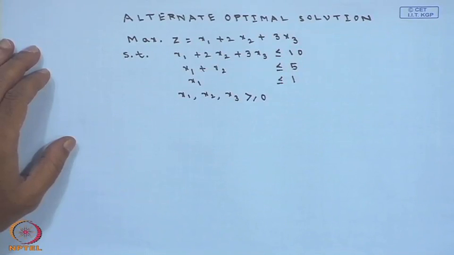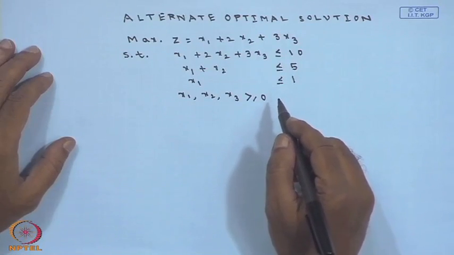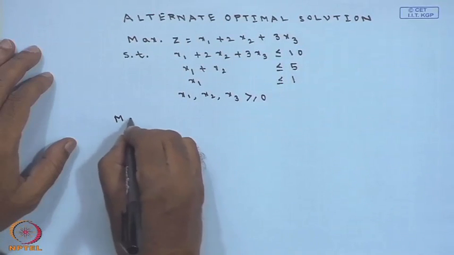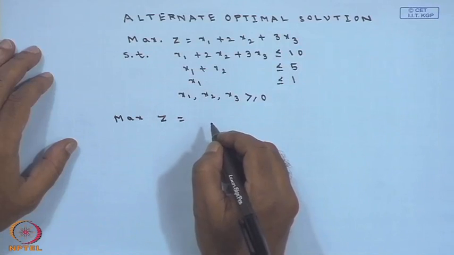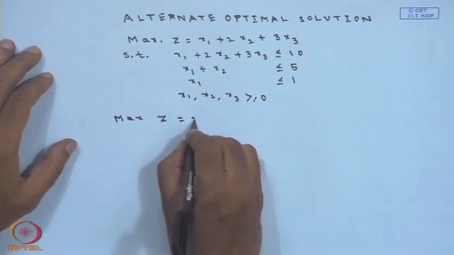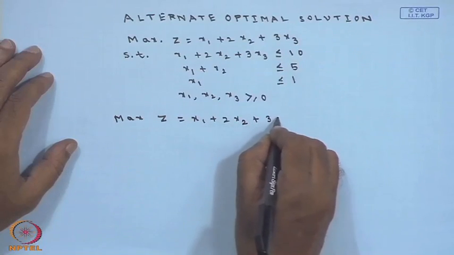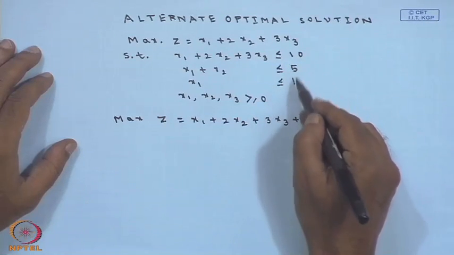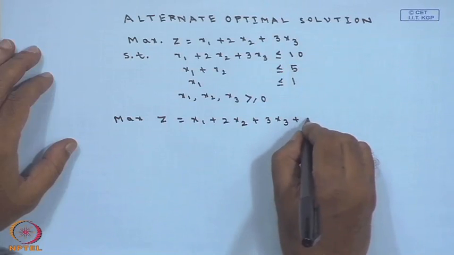First, let us write down the standard form of the LPP, so that we can form the simplex table. The standard form is maximize Z equals x1 plus 2x2 plus 3x3, and since 3 less-than-or-equal-to inequalities are there, we have to introduce 3 slack variables.